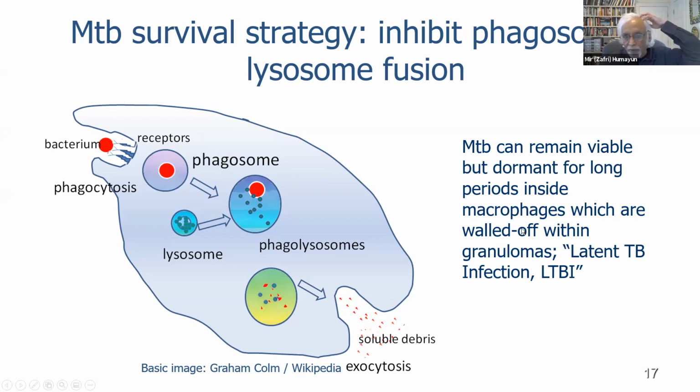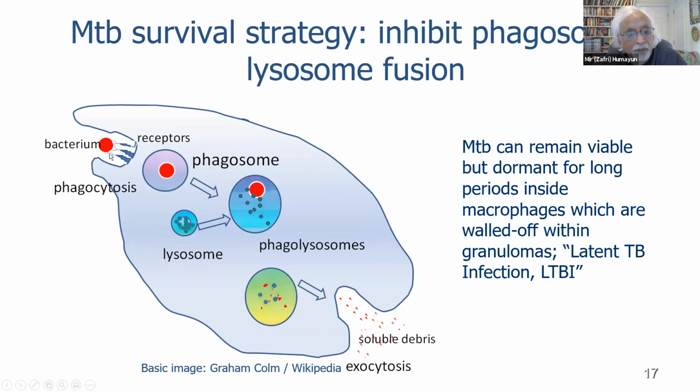Here is what this phrase means. In a macrophage, shown here in the large wiggly diagram, normally the job of a macrophage, among many other jobs, is to pick up bacteria and to internalize them through phagocytosis. The internalized bacterium is inside a compartment called a phagosome.